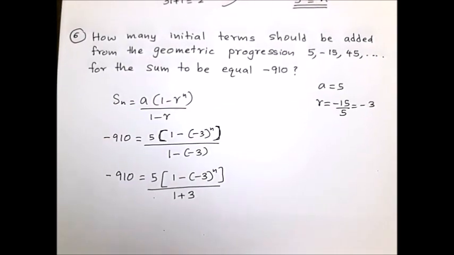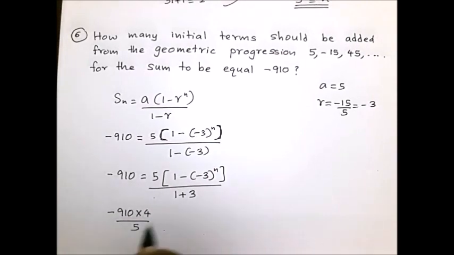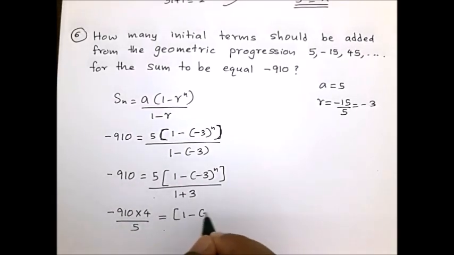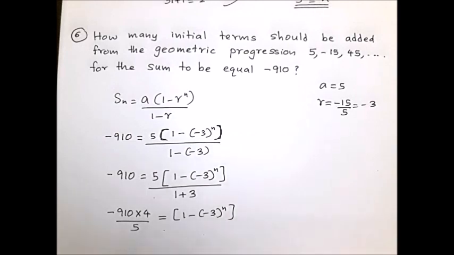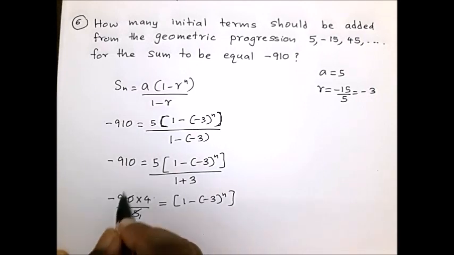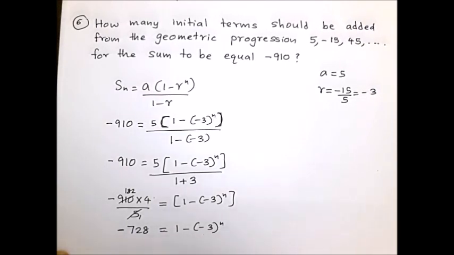Now you can cross multiply. Take 4 here and take 5 here. Minus 910 multiplied by 4 divided by 5 equals 1 minus minus 3 to the power n. Divide 910 by 5. It is 182. 182 multiplied by 4, it is 728. Minus 728 equals 1 minus minus 3 to the power n.